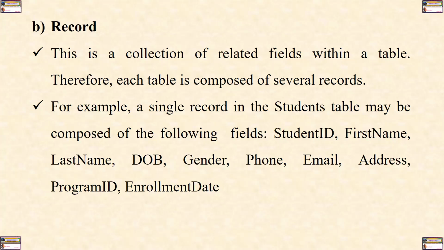So in this case, a single student record in the students table will be composed of how many fields? This record will be composed of 1, 2, 3, 4, 5, 6, 7, 8, 9, 10 fields.